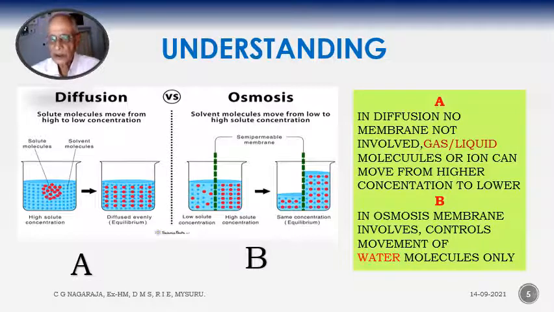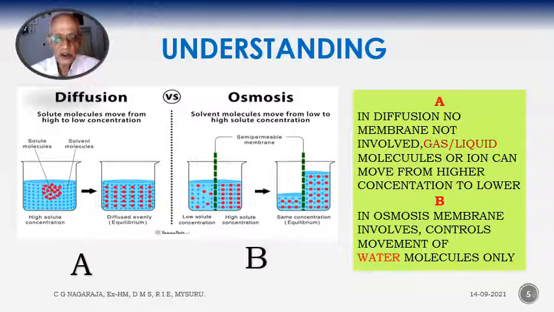The second one shows osmosis. Look at the difference very closely. In B, I have introduced one membrane or a central partition between the two liquids, and that almost symbolizes the plasma membrane. One side inside, the red dots, cytoplasm, and outside maybe exterior fluid. So in osmosis the plasma membrane takes part.